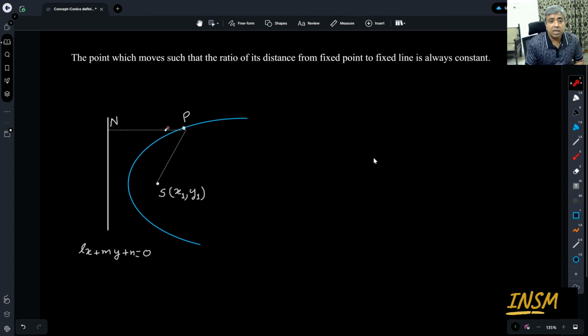So now we see we have drawn one fixed line Lx + My + n = 0 and taken a fixed point (x1, y1).